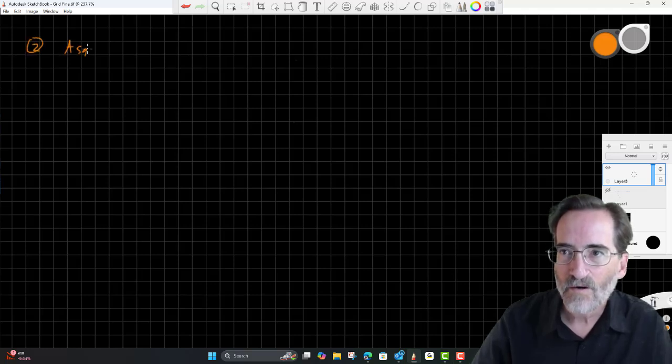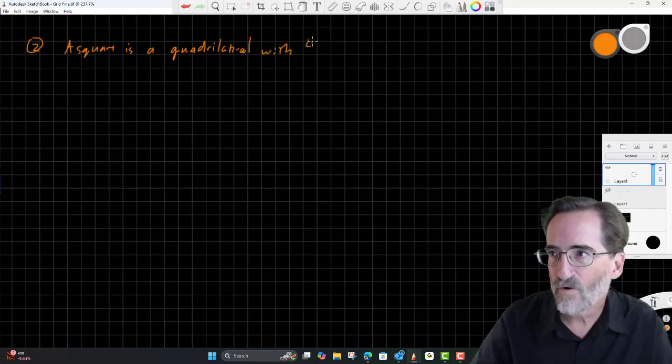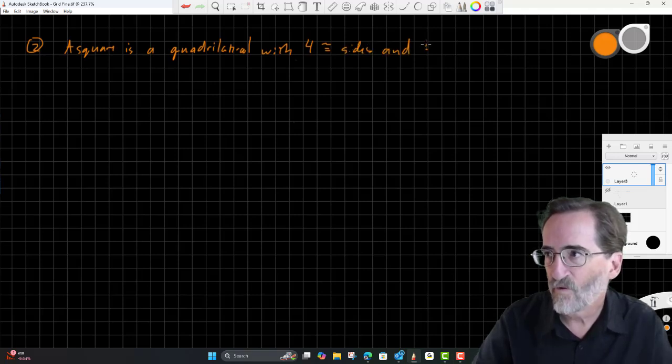A square is a quadrilateral with 4 congruent sides and 4 90-degree angles.